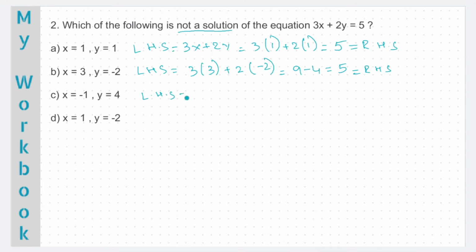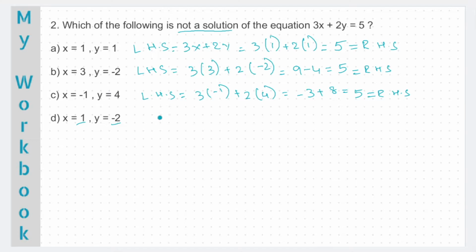Option C is x is minus 1 and y is 4. So you get minus 3 plus 8, which is again 8 minus 3, 5. So LHS and RHS are the same, 5. So minus 1 comma 4 is also a solution of this equation. So this one has to be the answer.